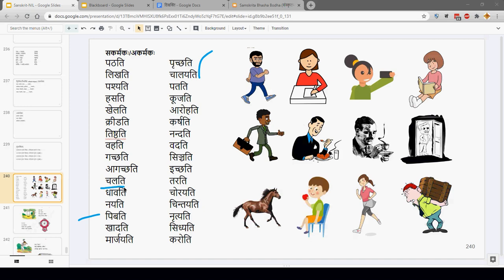Yes. Karshati. Karshati is pulling, or attracting. So that would be transitive. Yes. Nandati. Nandati means being happy, or feeling happy.